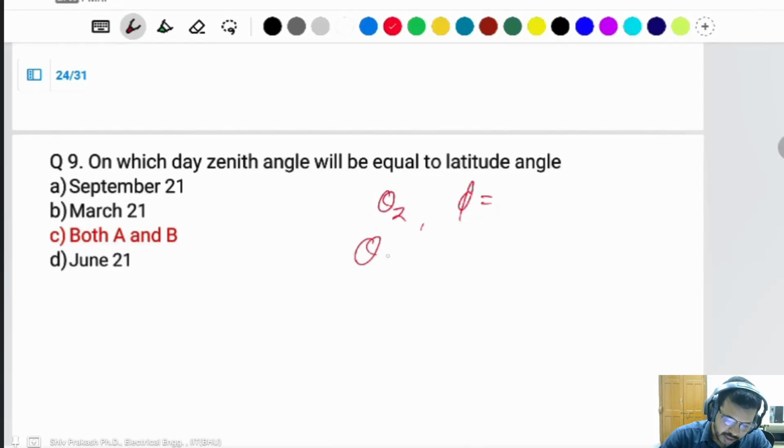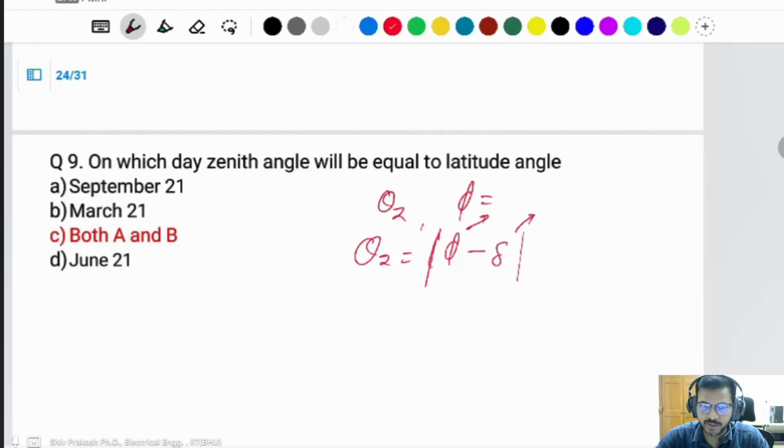So take the zenith angle as the mod of phi minus the declination angle. Take the negative of this because sometimes delta will be negative. That's why the zenith angle will be the same.